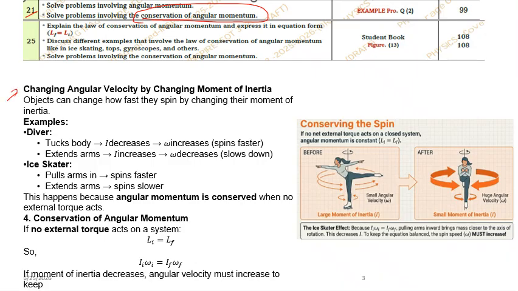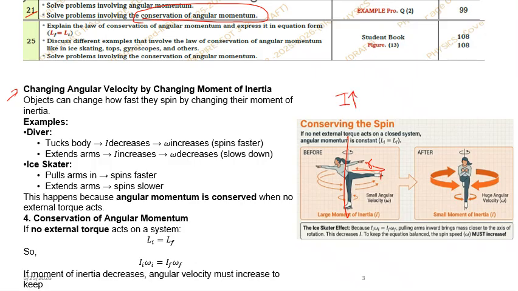As you can see over here, this is a skater who is skating by stretching her arms and legs away. What is to be noted is that this is the axis of rotation. The radius from the axis of rotation to the edge of the body is more, which means its moment of inertia will be more.